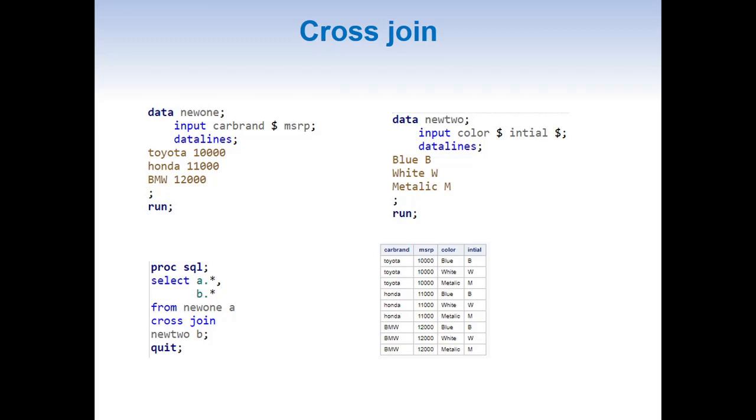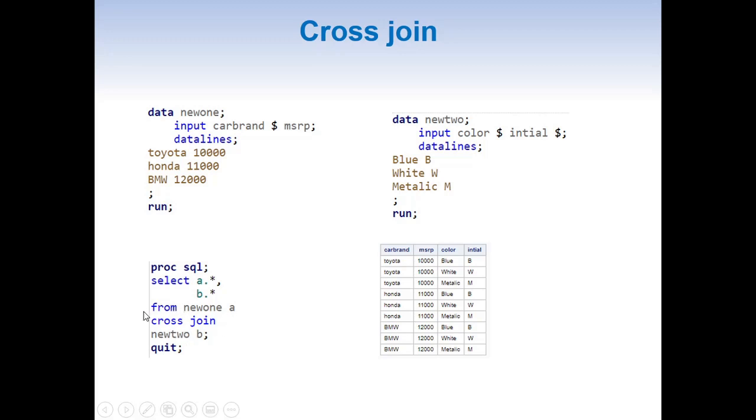What does that mean? I want, for example, in this dataset, this Toyota 10,000 to combine with all of these values, Honda with all of these values, BMW with all of these values. So how can I do that? I can simply do that by using cross join.